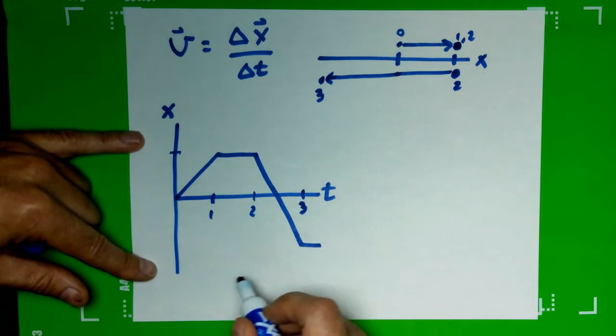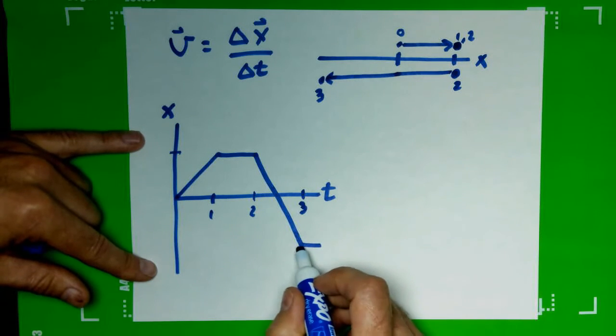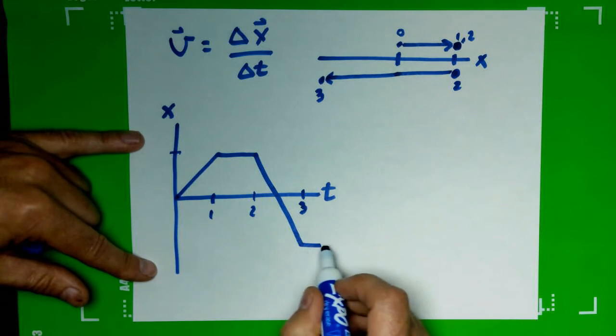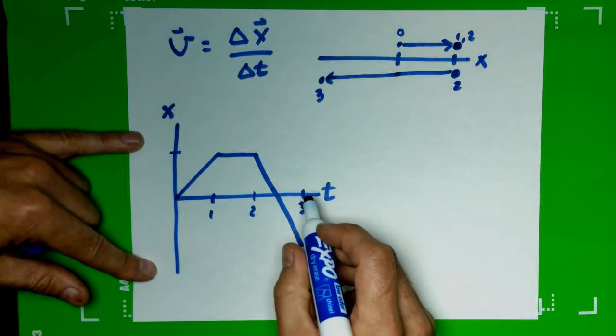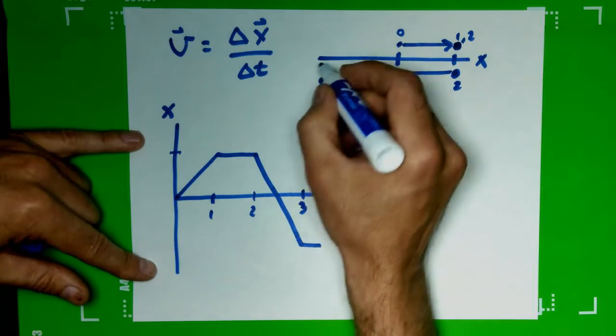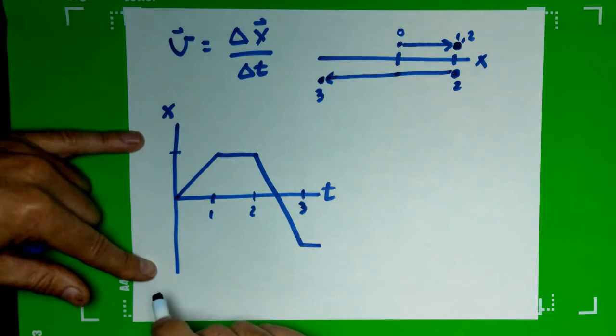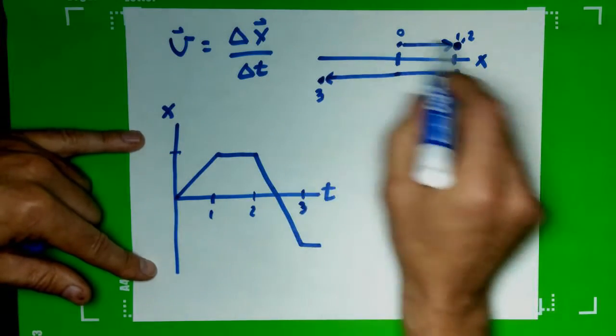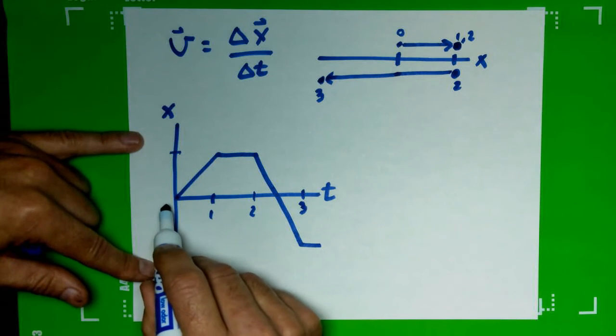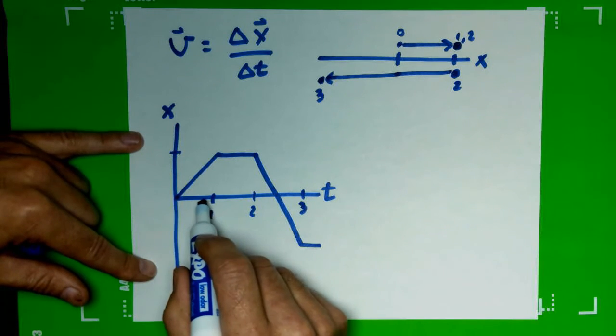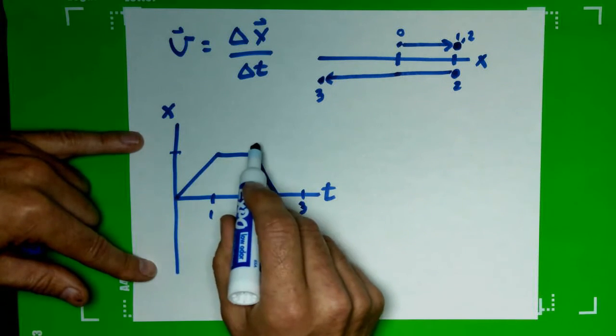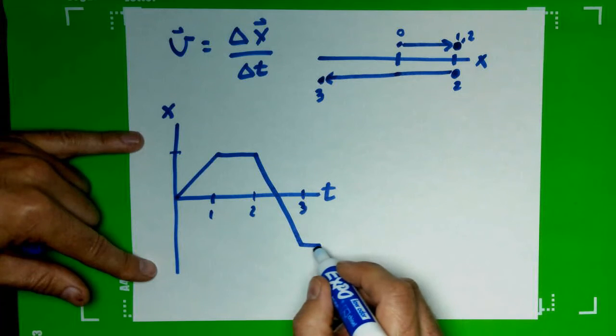And then again another horizontal line. Time's ticking on, but it's not changing its position. And so it's staying still at that point for the remainder of the time. So that's how we can read this graph physically. It's moving, and then it stops and moves the other direction and stops.